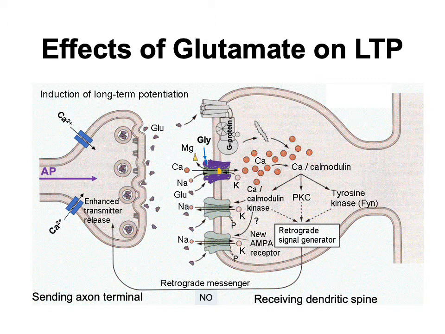So the next time the sending axon has an action potential come down and releases the glutamate, there will be more AMPA receptors within the receiving neuron's membrane for the glutamate to bind with, to open up, to allow more sodium in. So this whole process is increasing the efficiency of the receiving neuron.